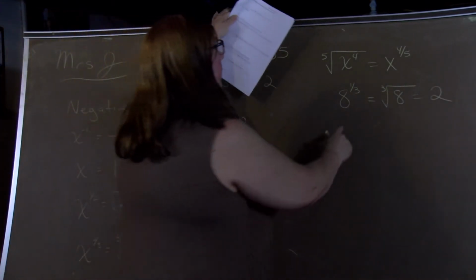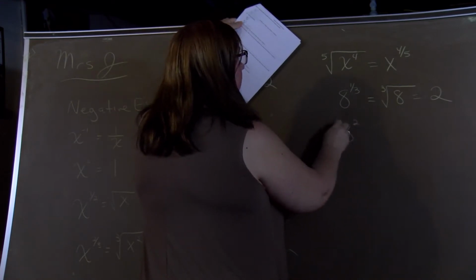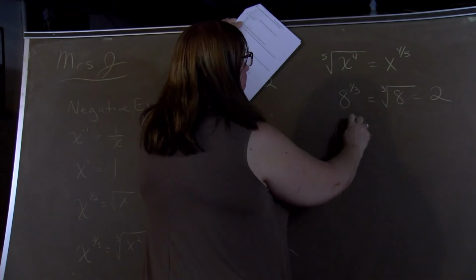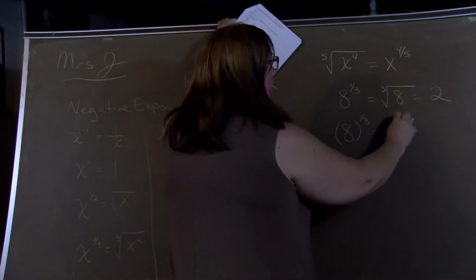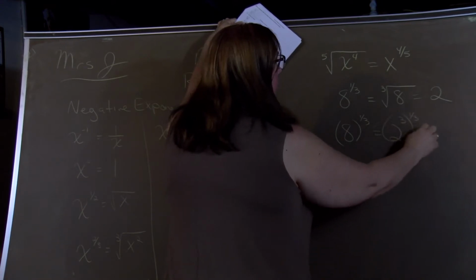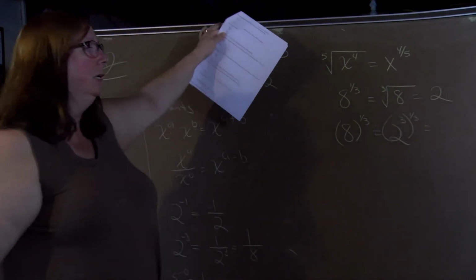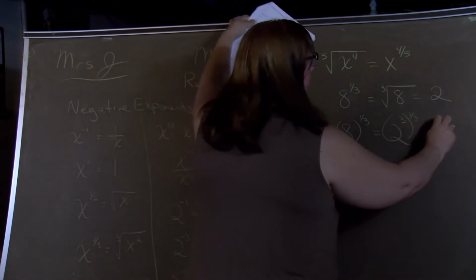Another way of doing it, if we left it like this, we know that 8 is 2 cubed to the 1/3. And an exponent to an exponent is multiplied.